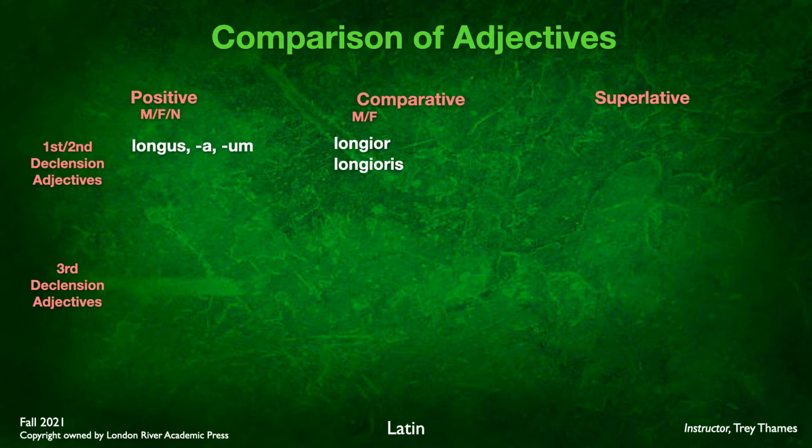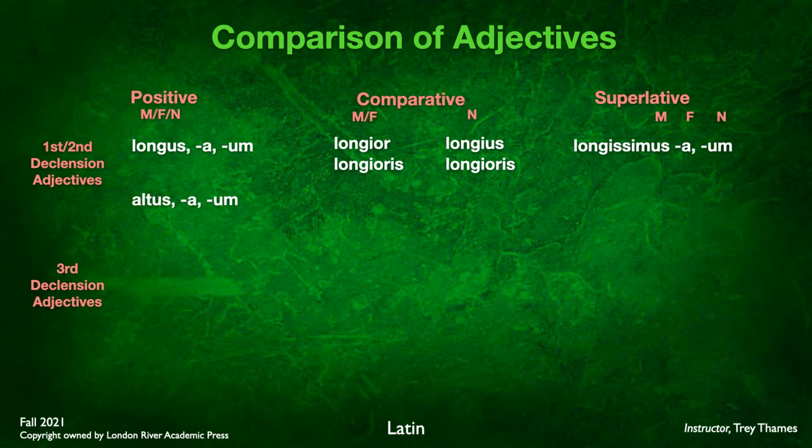For the neuter in the comparative, it's longius in the nominative singular, but then for the genitive and following cases, you go back to longior plus the third declension ending, so longioris. Don't forget, of course, your neuter rule: whatever's in the nominative will also be in the accusative. Now again, for the superlative here, long- is your stem. We add -issimus, -a, -um, so you end up with longissimus, -a, -um. So you have long, longer, and longest.